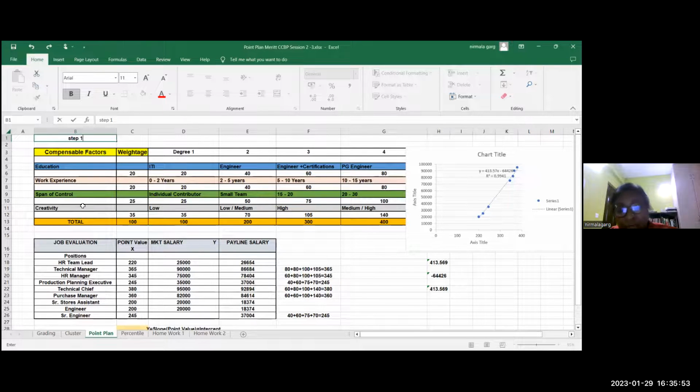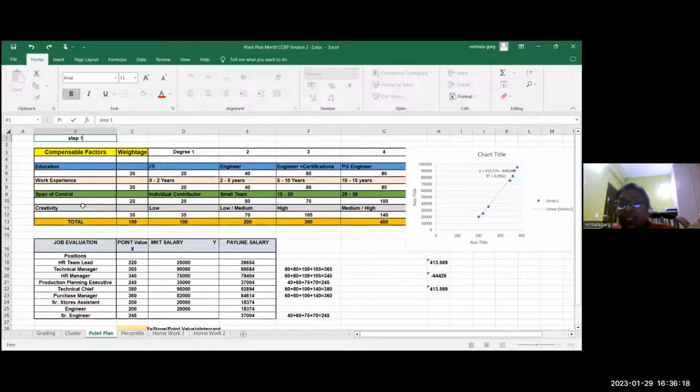Degrees of differentiation means, for example, for an HR manager, what is the intensity of education? Does she or he need degree 1 or degree 2 or degree 3 or degree 4? So these degrees will depend on the complexity of your organization. You can have at best 4 degrees or 5 degrees.